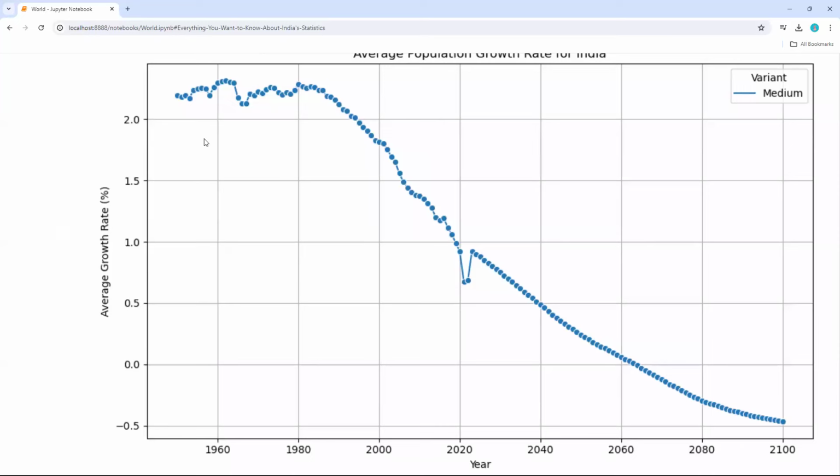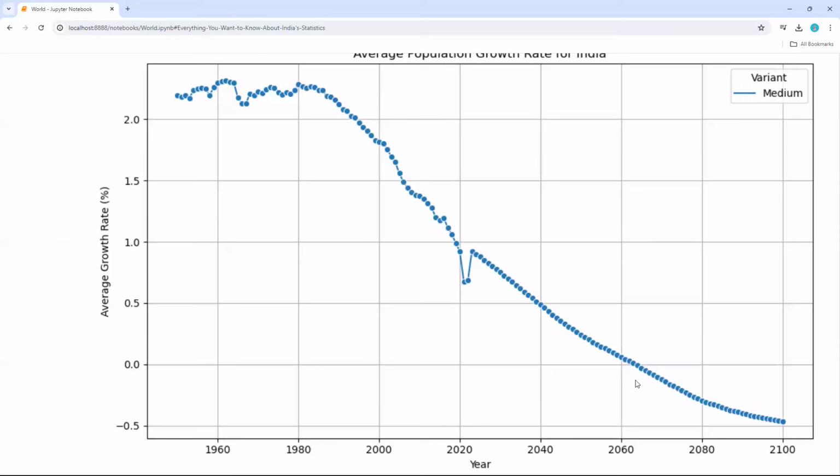But from the 1960s to the early 2000s, the population growth rate was very high, like 2% annual growth. From 2000 to 2024, it has decreased from 2% to 1%, a 100% decrease. So it is horrible data for the coming years.